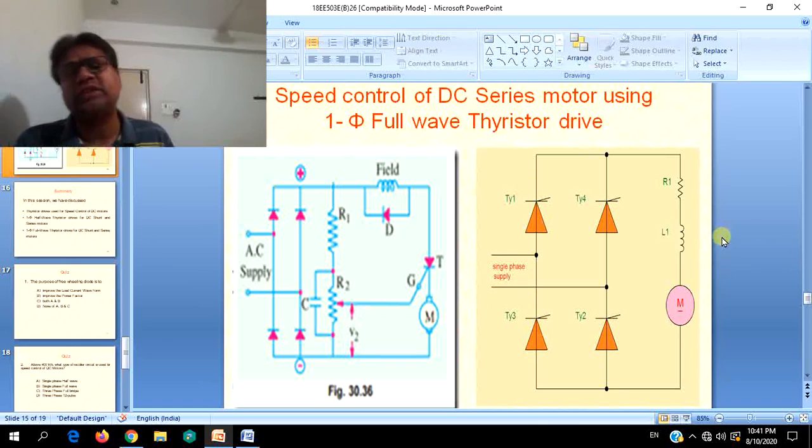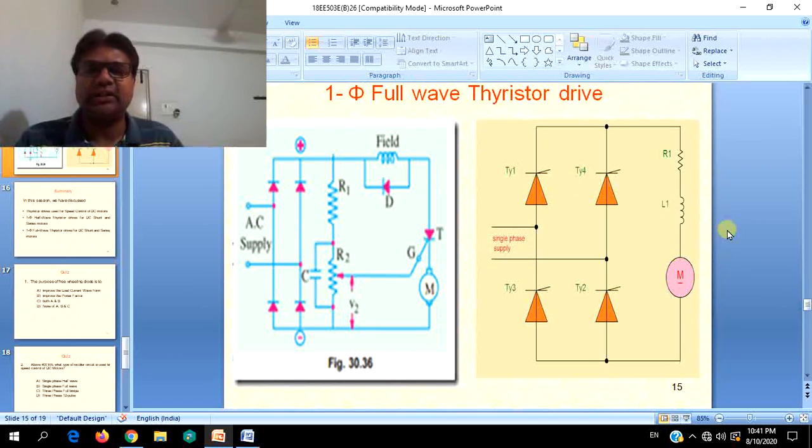Depending on the situations, depending on the ratings which we discussed in the starting slides, we can choose whatever circuit or whatever configuration we want to have for the speed control of DC series motors.